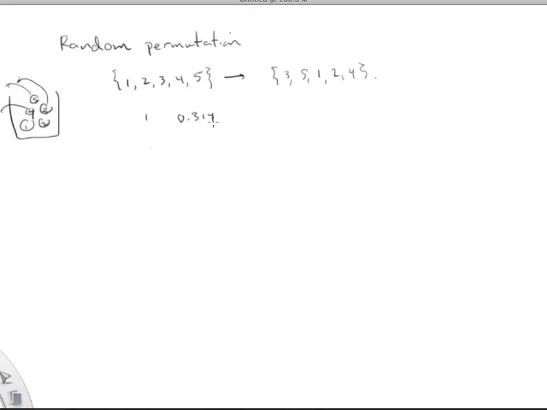So the first number is 0.314, the second one's 0.728, and I'm just making these up, 0.193, the fourth one is 0.201, and the fifth one is 0.636. Okay, so then consider these things as pairs, and the whole thing is now a list of 5 such pairs.